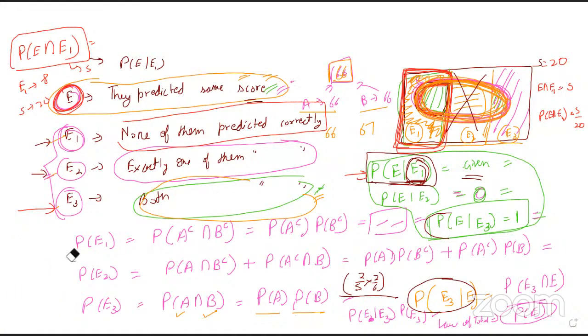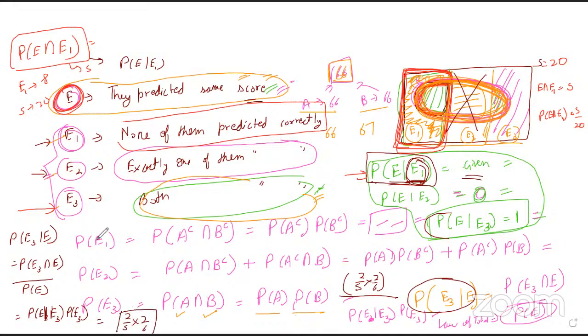Let me write it down over here clearly. We are computing this thing, so it would be E3 intersection E upon probability of E. For E3 intersection E, I'm using the multiplication rule: E given E3 times probability of E3, which is the same 2 by 5 times 2 by 6, in the numerator.